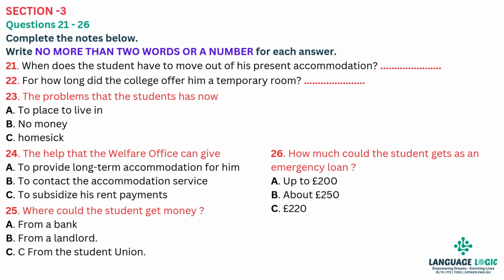Section 3. You will hear a conversation between Caesar and a welfare officer. As you listen, answer questions. First, you have some time to look at questions 21 to 26. Now listen carefully and answer questions 21 to 26.